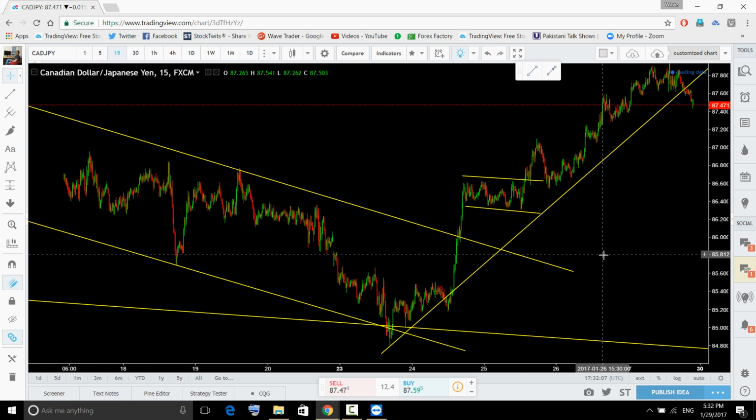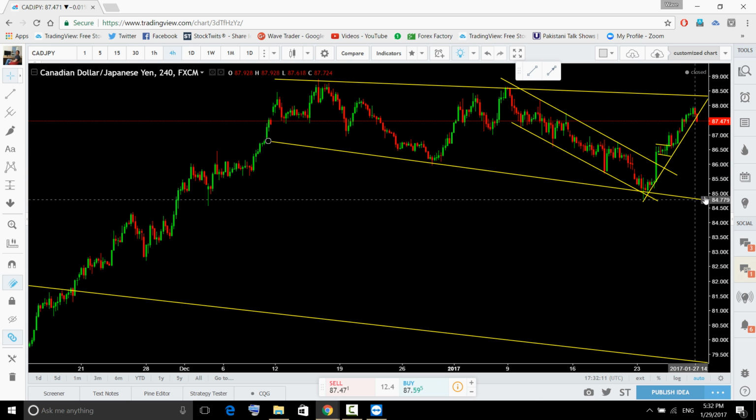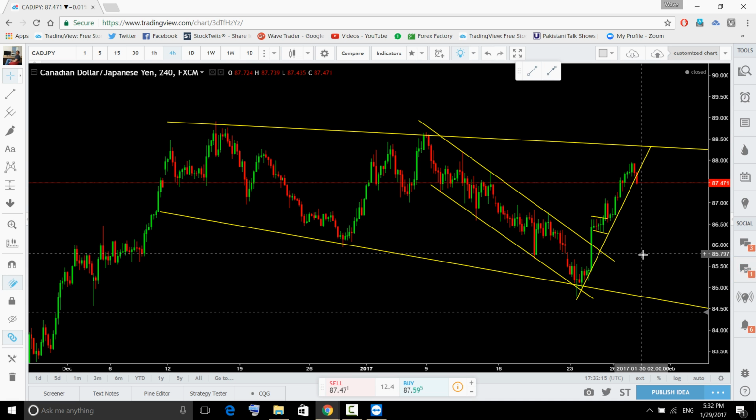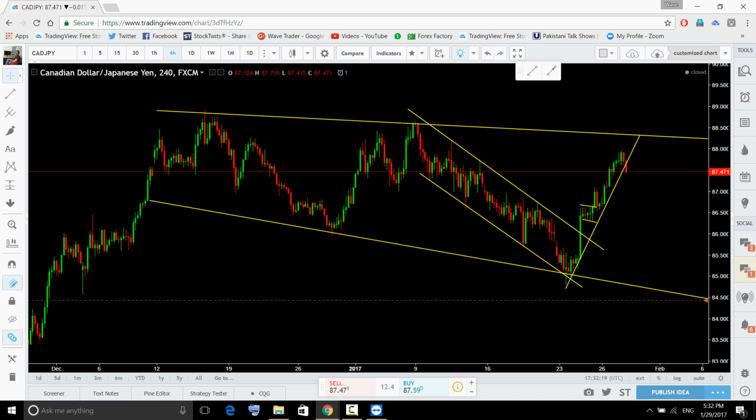Same like the previous one. As long as price was pushing to the downside, this corrective move was pushing to the downside, there wasn't a buy setup. Here price started to form a signal that it is going to go to the upside.